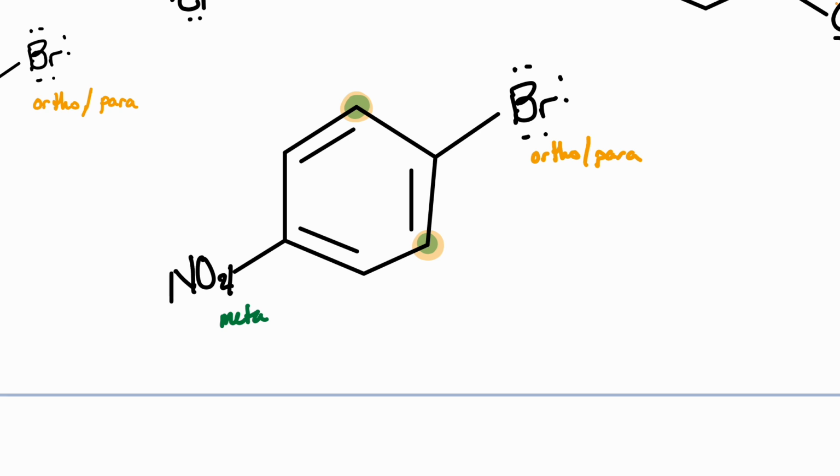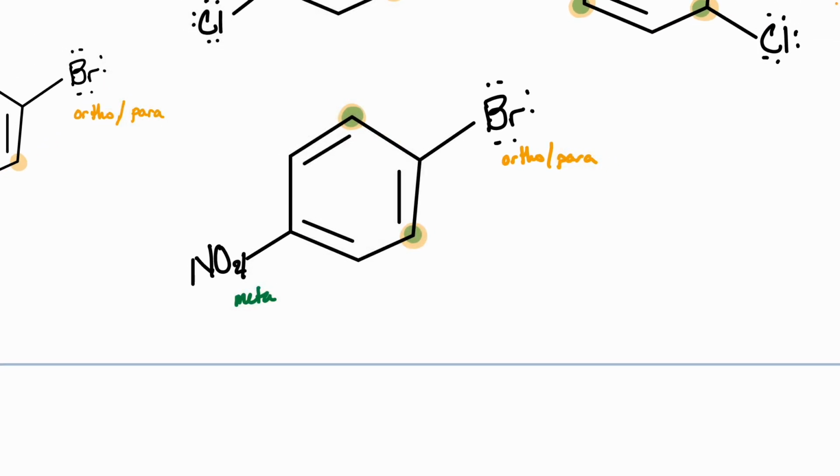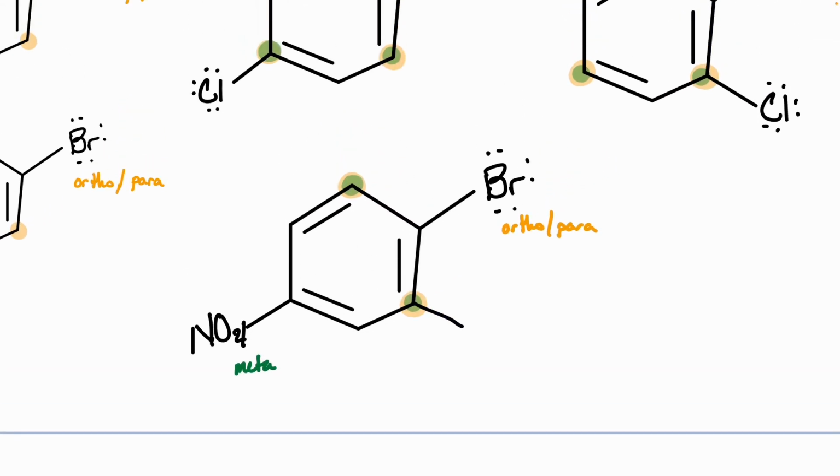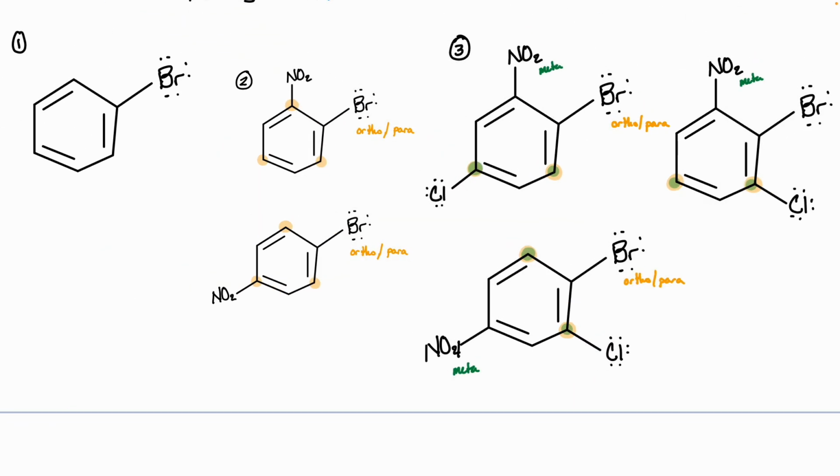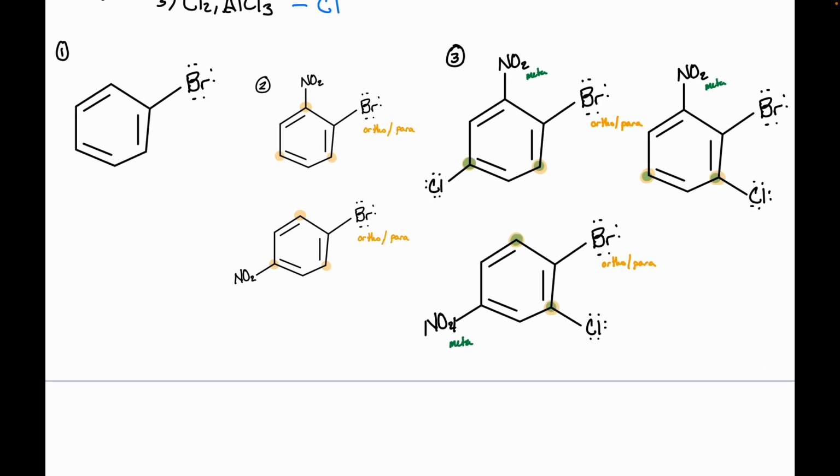Now in this case, this molecule is symmetric as is, so no matter which one I choose, I'd get the same product. So I only have to include the one. But we would get a mixture of all three of these at the end here. And what we did is we just broke it up into each step and followed where our directors were going to be placing that substituent.